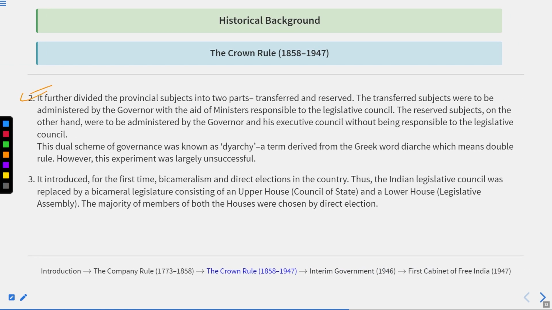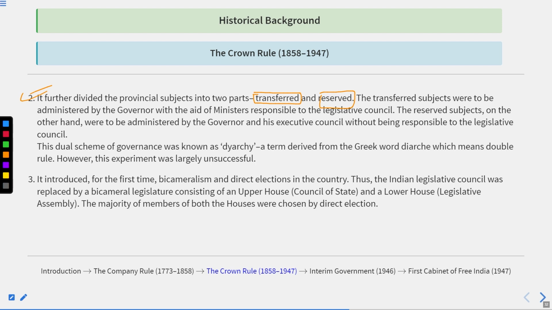Thereafter, it further divided the provincial subjects into two parts known as the transferred and the reserved subjects. The transferred subjects were to be administered by the governor with the aid of ministers responsible to the legislative councils. Okay, it means that whosoever would be the governor of that province, he will take the aid of the ministers to work on these subjects for the laws and the execution.